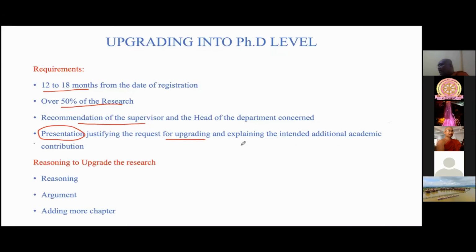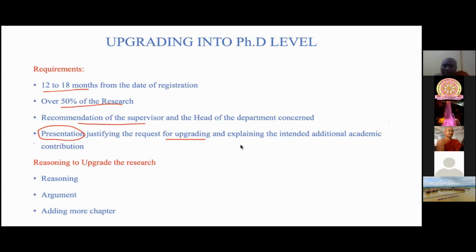Usually the students say, I already completed 50% of my research, and my research is deeper than I expected. Such a reason is very often heard when students do their upgrade presentation. But now I notice they don't want to accept such a reason for upgrading.